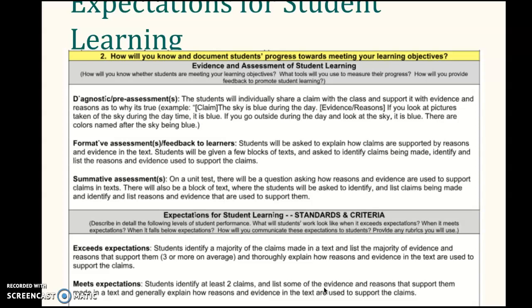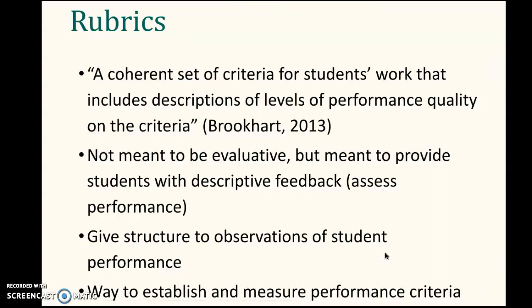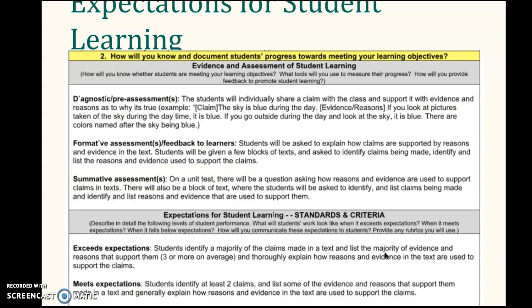So then thinking about what would exceed your expectation: students identify a majority of the claims made in a text and list the majority of evidence and reasons that support them, 3 or more. You see how detailed that is? So if a student turned this in, you would know that it exceeds your expectations. But let's look at below expectations.